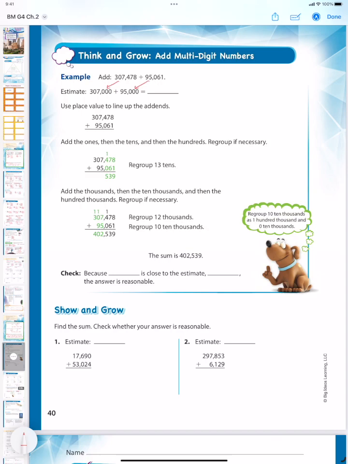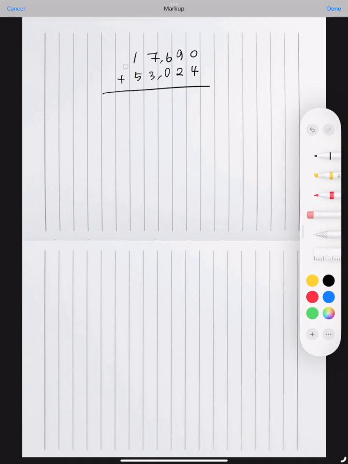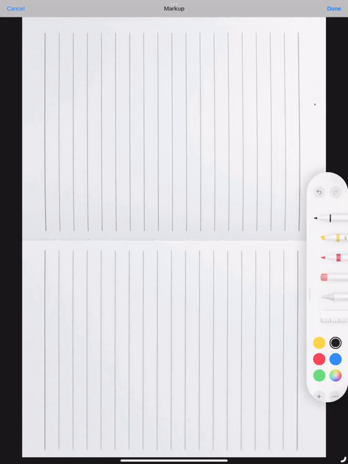I am asking you to pause the video and take your math notebook like this. And then I want you to line this up by place value.